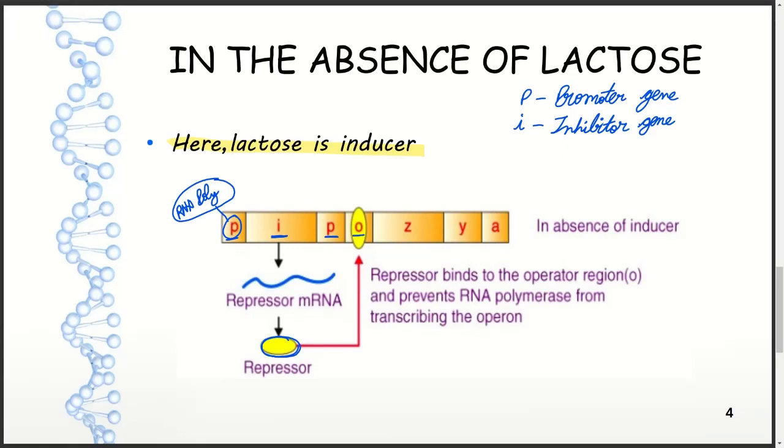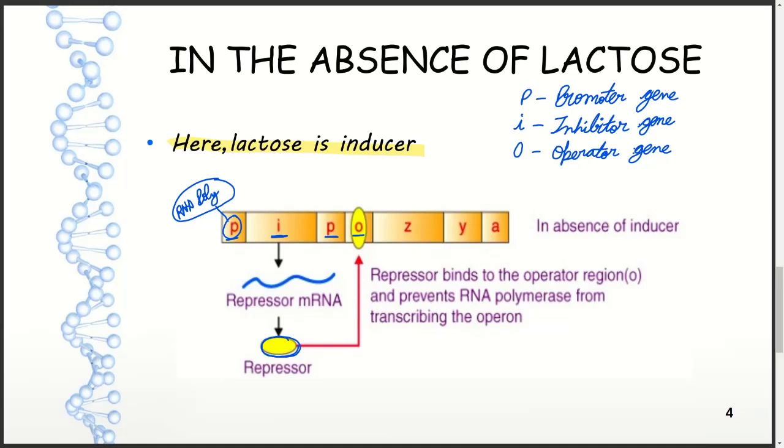Another is our O. So what is O here? O is our operator gene, and the operator gene is the one which is actually going to regulate the expression of the structural genes.